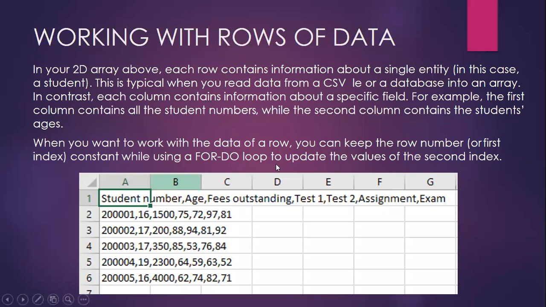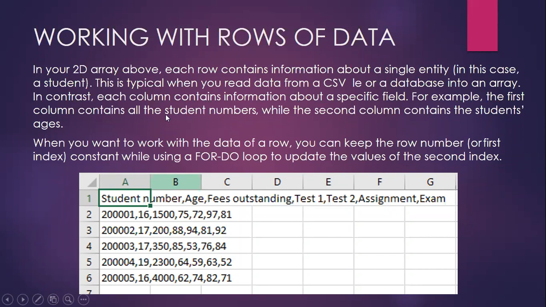Working with rows of data. In your 2D array above, each row contains information about a single entity, in this case, a student. So the student with all its information is still a single entity. You've learned about this when we did normalization and when we worked with databases. This is typical when you read data from a CSV file or a database into an array.